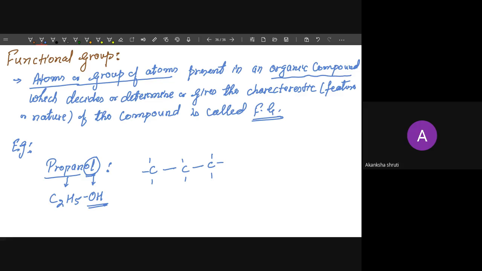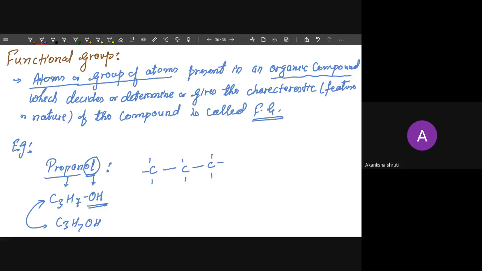In place of C2H5, accordingly we need to increase this. It becomes C3H7OH, or simply written like this, C3H7OH. Without this bond it means the same, or even with the bond written. So both are the same thing.